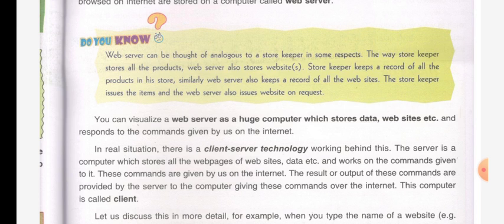Just like a shopkeeper has records of all his products, a web server has records of all its data like websites or web pages, and the storekeeper issues the item to the customer. Just like that, a web server also issues a website on request to the client.